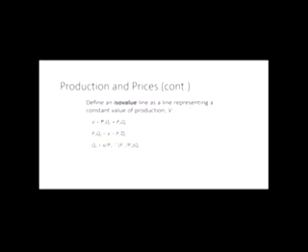Let us integrate this iso-value line into our production possibility frontier. Our first iso-value line, let us call that V1. This is possible. We can produce anything on V1, but this will be an inefficient production because it falls below the production possibility frontier.